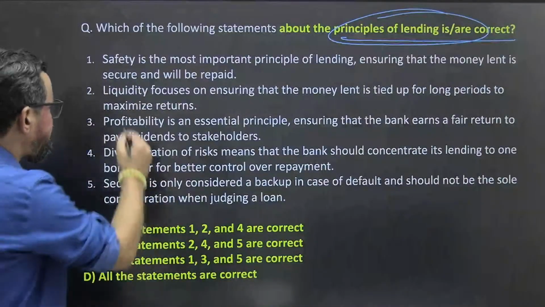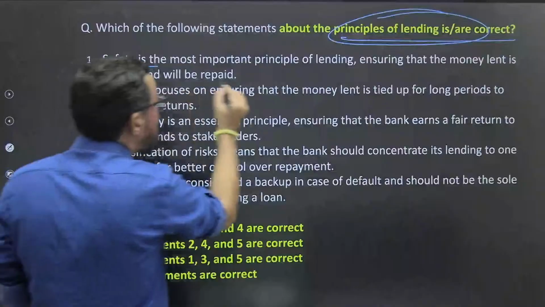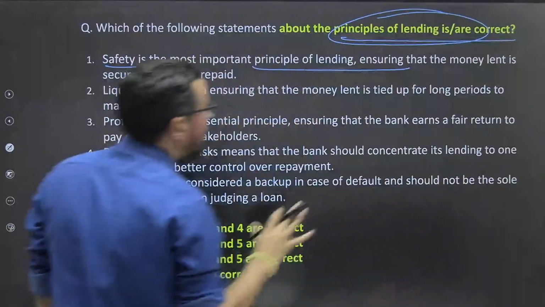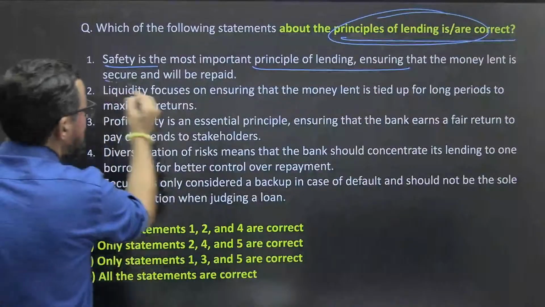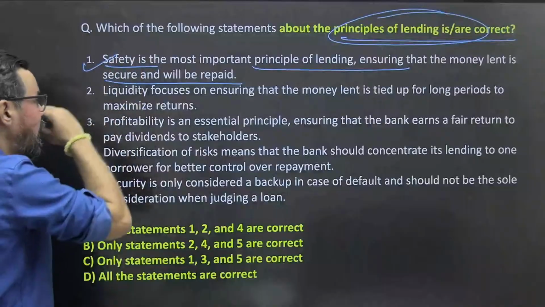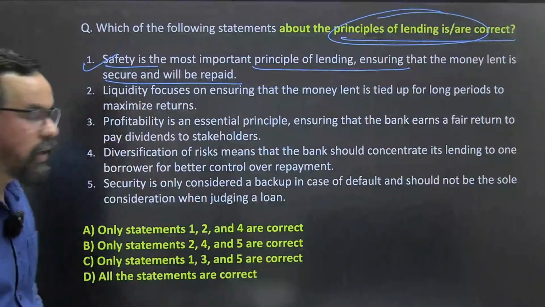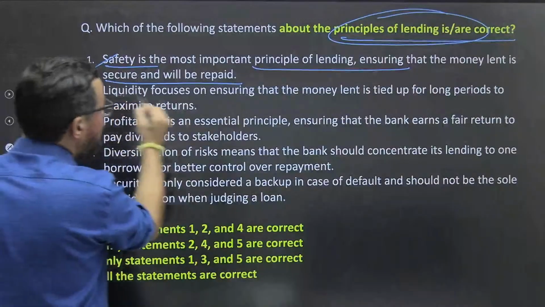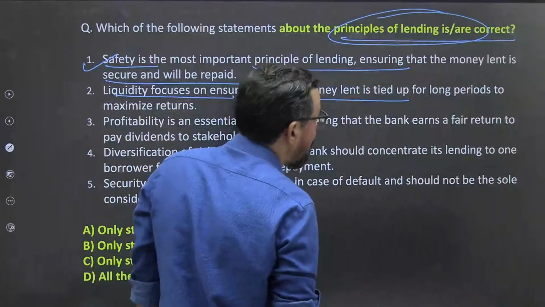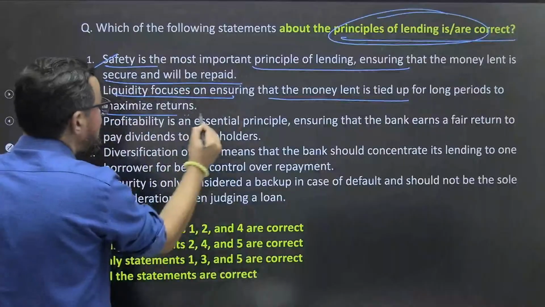So first, safety is the most important principle of lending, ensuring that the money lent is secured and will be repaid. Seems very correct. Absolutely correct. Safety is the utmost priority. So liquidity focuses on ensuring that the money lent is tied up for a long-term period to maximize the return.